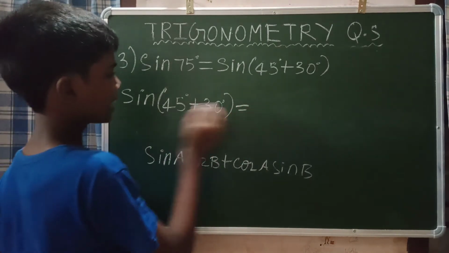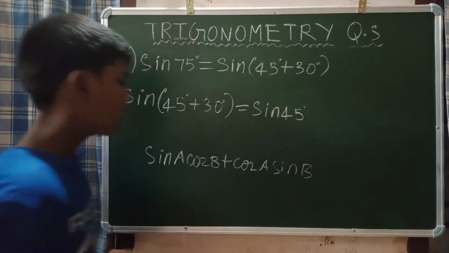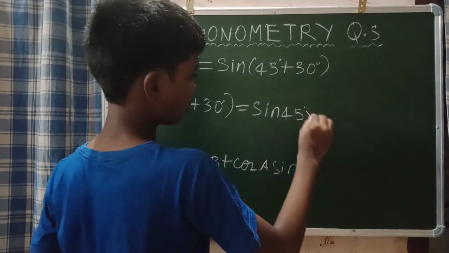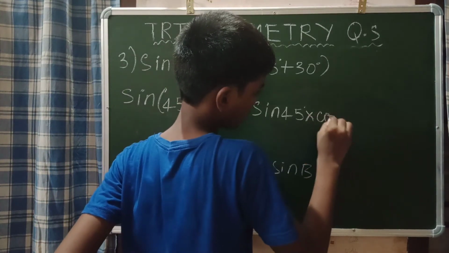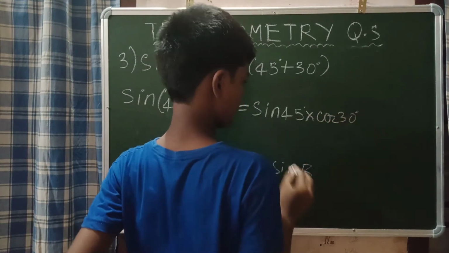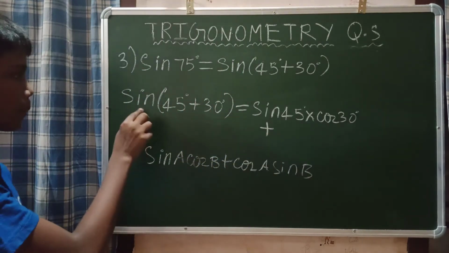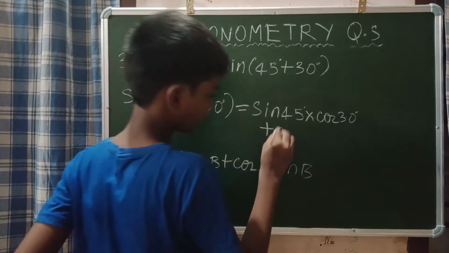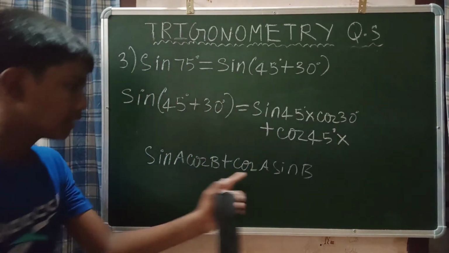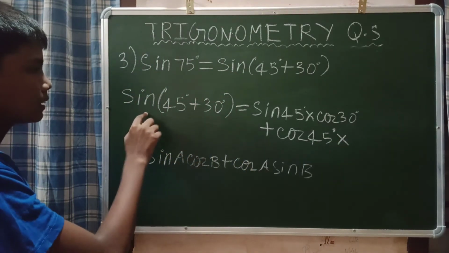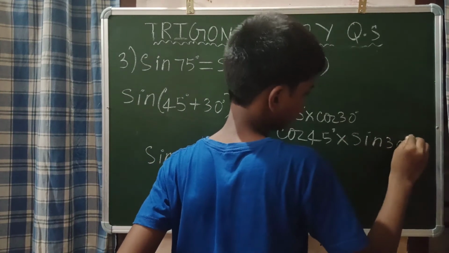Sin A is sin 45 degree, and next cos 30 degree, plus cos A, that means cos 45 degree, into sin B, which is sin 30 degree.